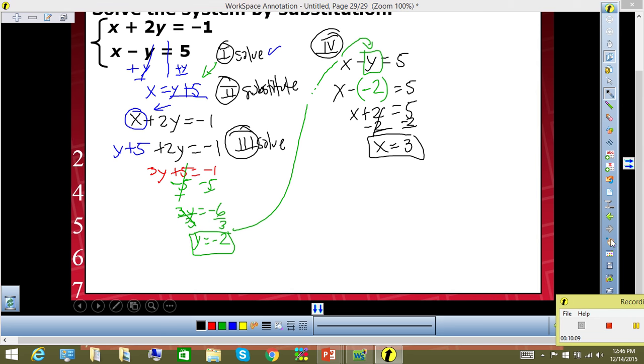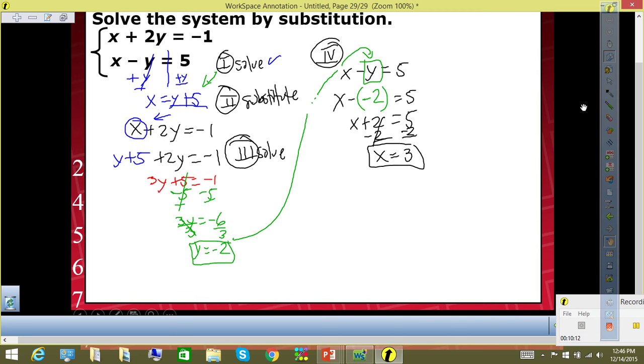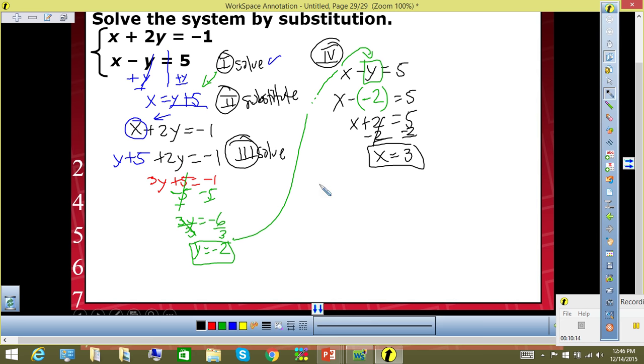Okay. So we started off, once again, here goes a recap again. Not that I want to be redundant, but I just want to make sure you understand the process. We started off with a problem that says solve the system by substitution. First step is to solve one of the equations for one variable. We chose the second one to solve for x. Step 2, substitute this value into the equation that we did not use.